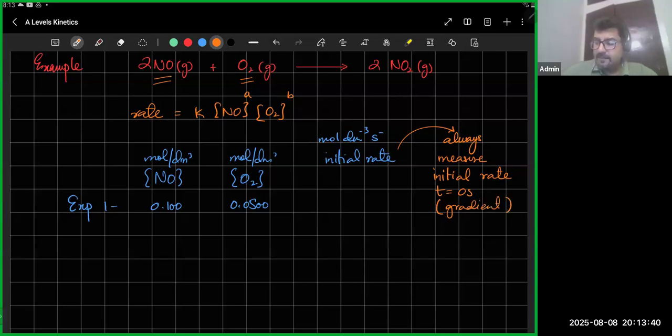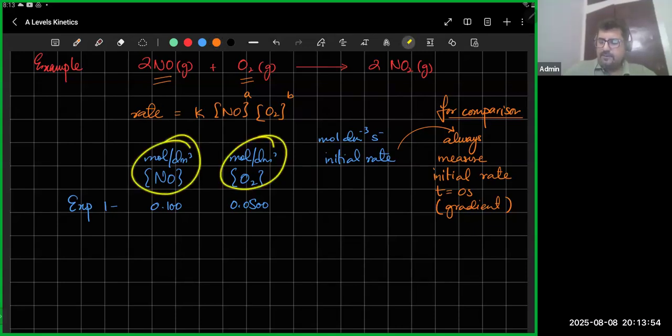So for comparison, specifically for comparison between experiments, but also करना क्या? He's going to use different concentrations of NO and O2, and he's going to figure out what happens to the rate. If the rate doubles, if you double concentration of NO, that's order one. If you double the concentration of NO and the rate quadruples, that's order two.